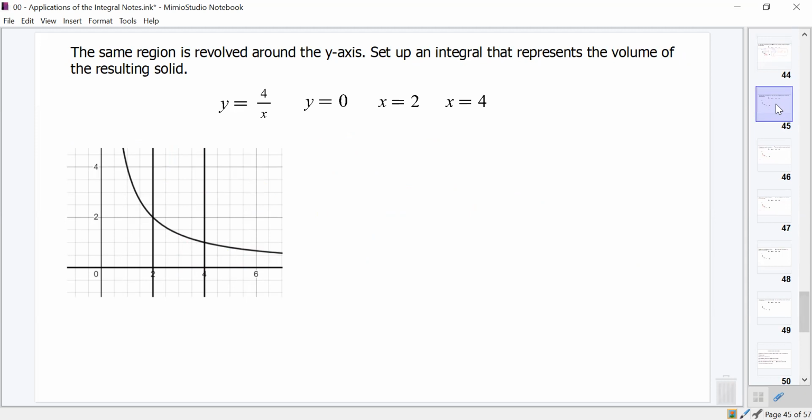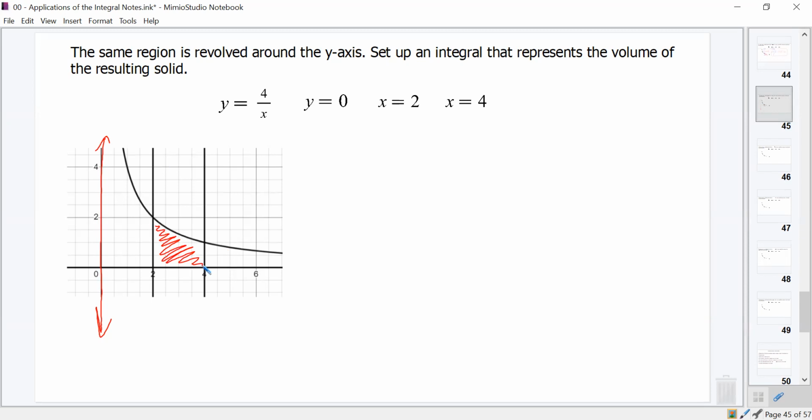So for this next one, instead of revolving this around a horizontal line, we're going to revolve it around the y-axis. So we're going to revolve it around a vertical line here. And we'll first note that the region that we're talking about is not fully pushed up against this line.